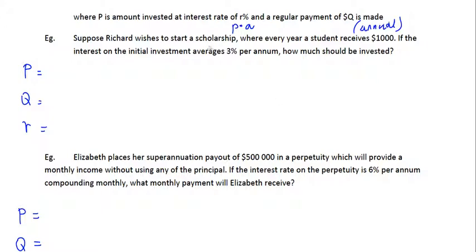Let's have a look. Suppose Richard wants to start a scholarship where every year a student receives $1,000. So there's our Q value. He wants to invest a sum of money that will earn $1,000 in interest every year, and then that money will be subtracted from the investment, leaving P. And then the interest will be earned again in the next year, and that interest earned will then be subtracted.